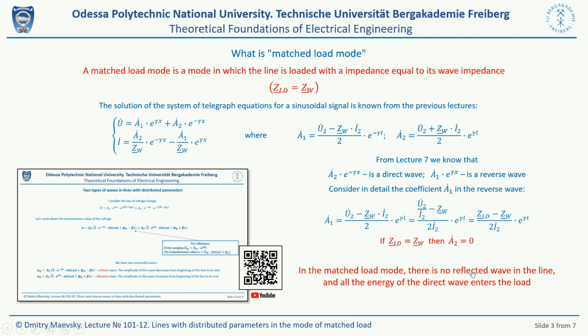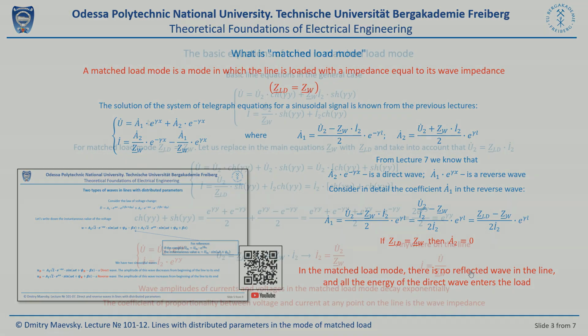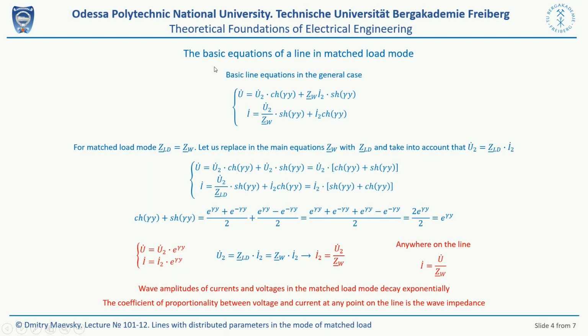Therefore, in the matched load mode, the power transmission is more efficient and the efficiency coefficient is maximum. But that's not all the interesting phenomena in transmission lines with a matched load.